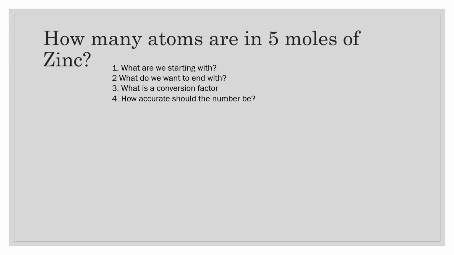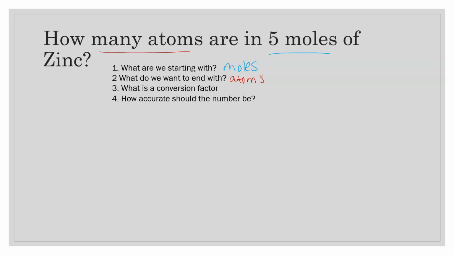Now remember that the 4 questions that we want to ask as we go through these is, what are we starting with? Well, we're starting with 5 moles, so we're starting with moles. What do we want to end with? We want to end in atoms. How many atoms do we have? What is a conversion factor that we can use?